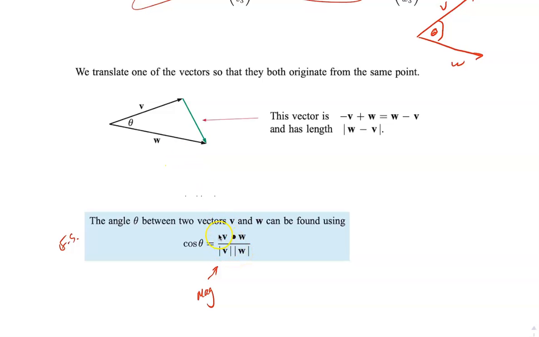Since most of the time you're finding the angle, you eventually have to do cosine inverse. So that's the formula. Just remember that when you draw your vectors, draw them connected at the tails. That's how you find the angle, and then you just use the formula.